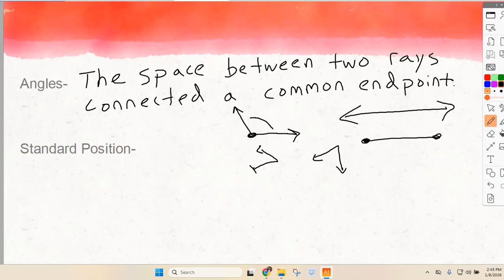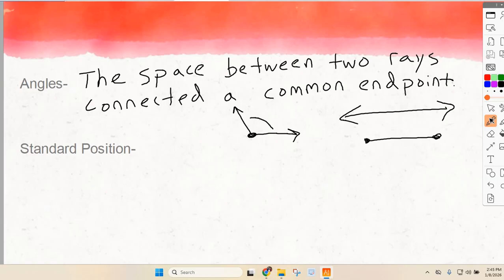But as we found out yesterday, some of us are better than others at using a protractor to figure out what our angle measurements are. Depending on how it's drawn, it can be a little bit hard to know what that angle measure is. So we came up with a standard notation, or standard position, for angles, and it's much easier to figure out what an angle measurement is.